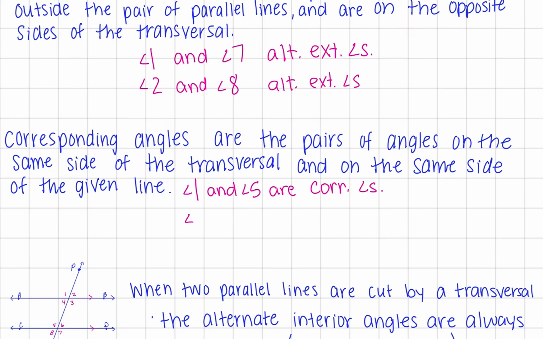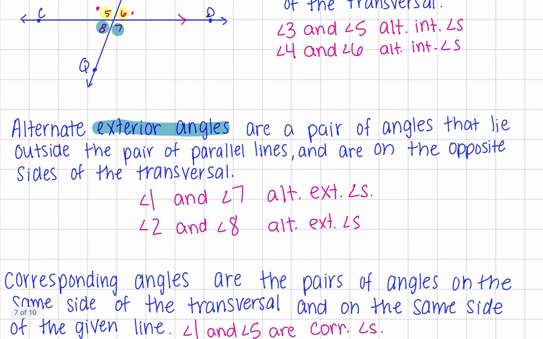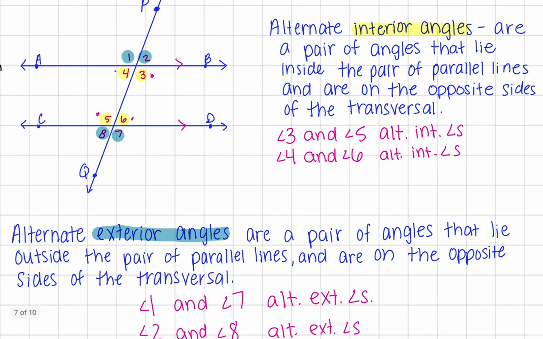Angle 4 and angle 8 are corresponding angles. Right? Angle 4 and angle 8, because they are both to the left of the transversal and they are below the given line. Can you name the other two pairs of corresponding angles?